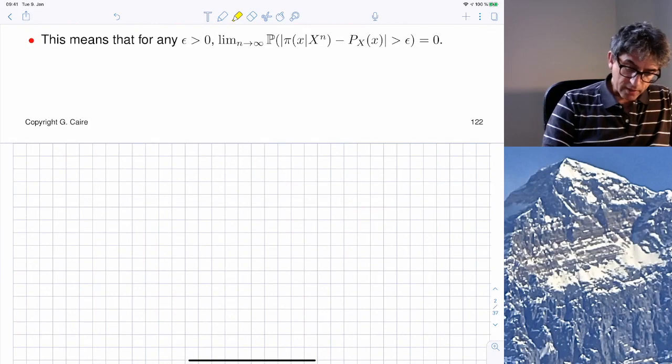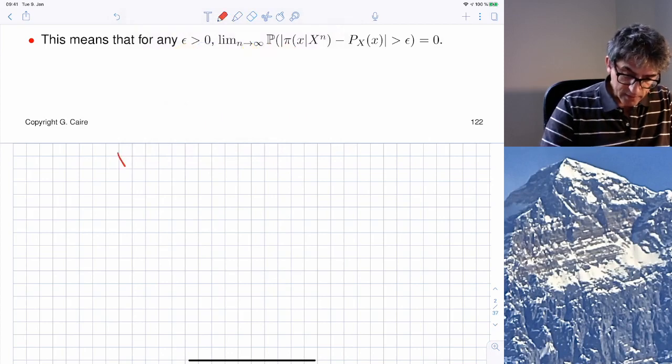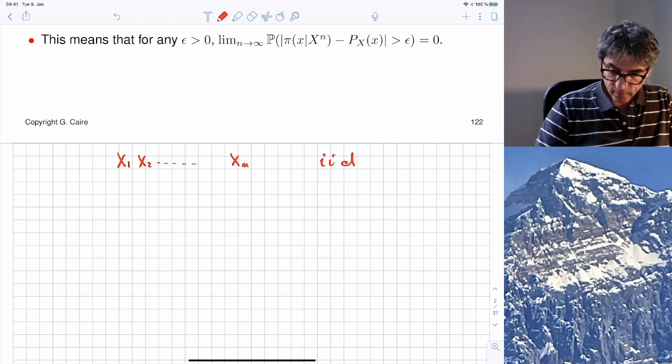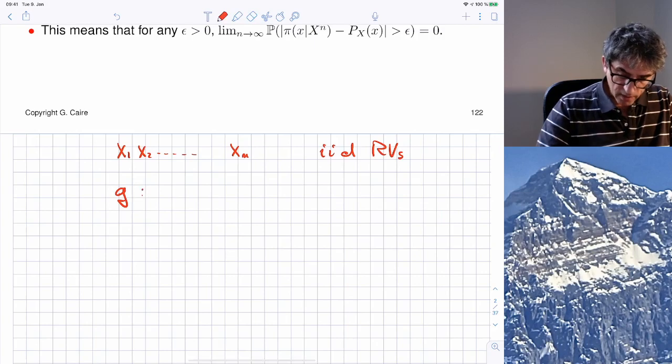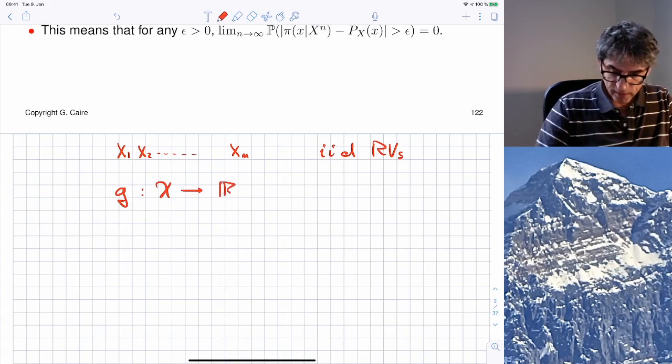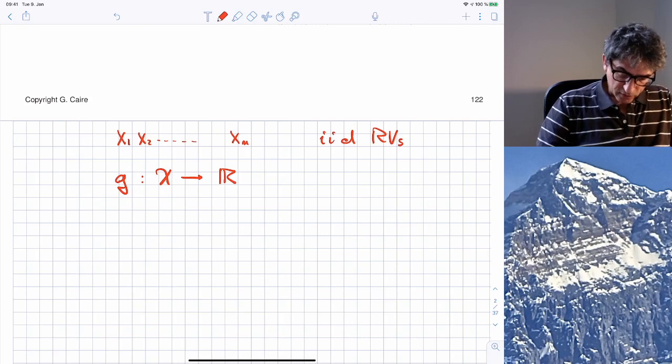In general, if I have a sequence X1, X2, ..., Xn of IID random variables, and I consider a function g, a nice, well-behaved function from X to the reals, to R, where X is a discrete finite alphabet, then I consider the following empirical mean: 1 over n, the sum over i of g of Xi.